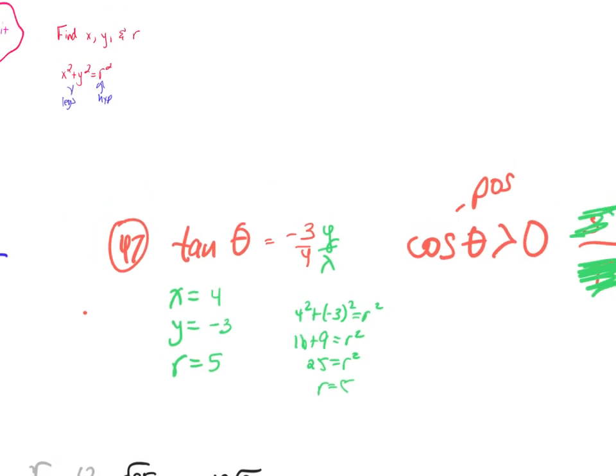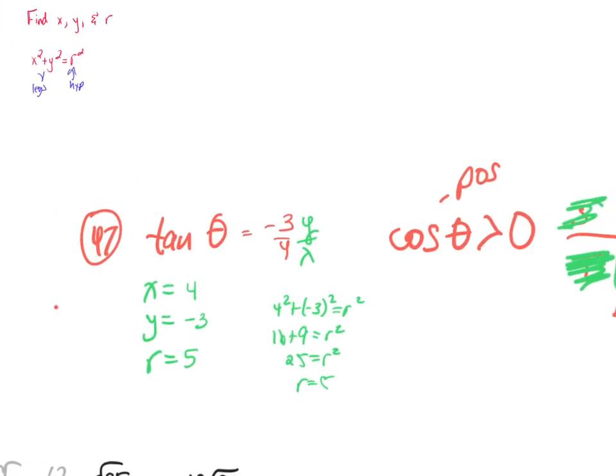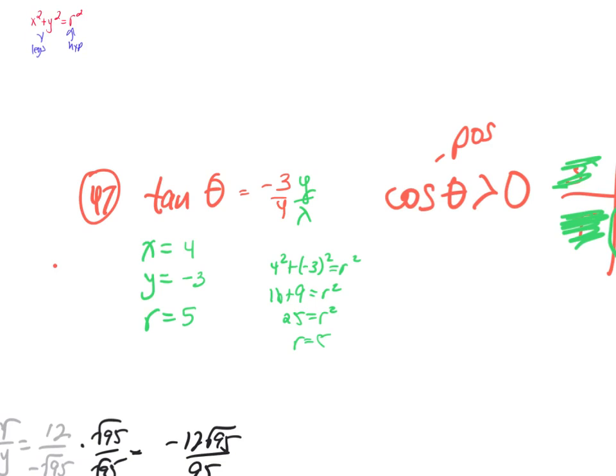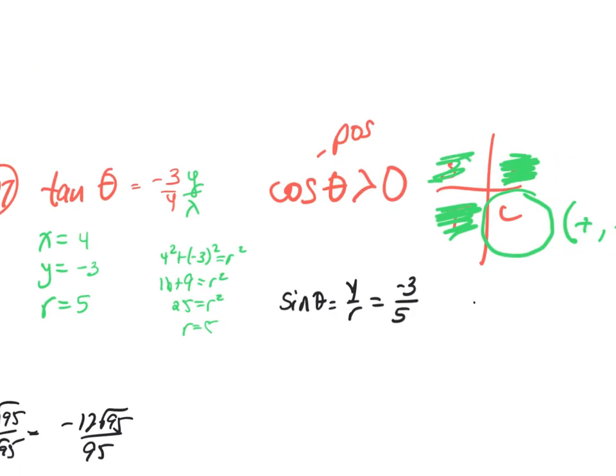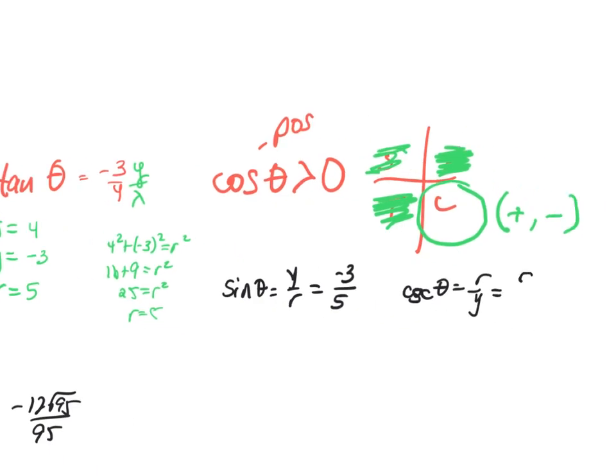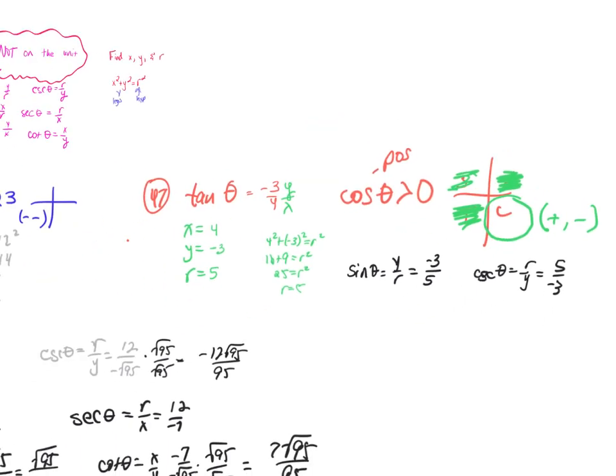So now, guys, we can very easily do our 6 trig functions. I can look and I say, okay, my sine of theta. Sine theta is Y over R. So my Y value is negative 3, my R value is 5. So that means cosecant theta is R over Y. R is 5, and Y is negative 3. We just flip.